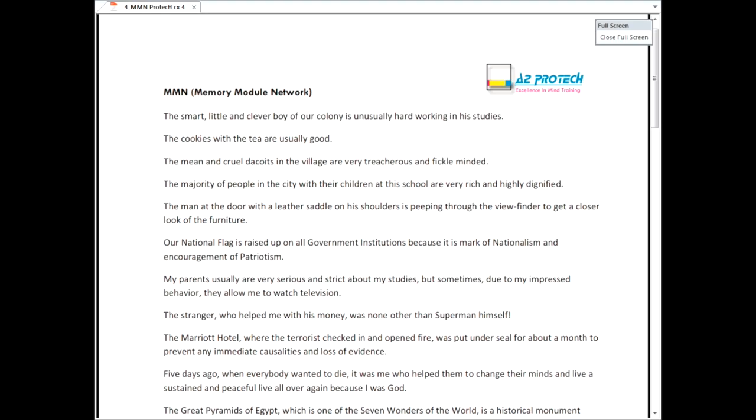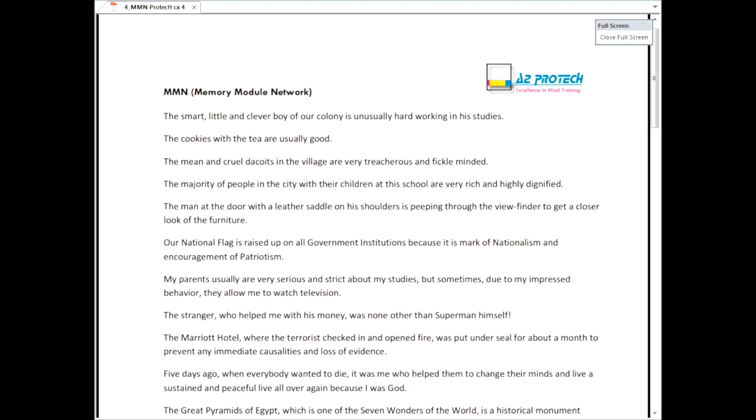So the subject is it, auxiliary verb is, complement is mark. Mark is a noun, but mark will not stop at mark because I see of. So I will say mark of nationalism is one segment, that is the complement for is. But I will not stop because I see a conjunction connector again, and there is another noun segment here, a big noun segment, encouragement of patriotism.